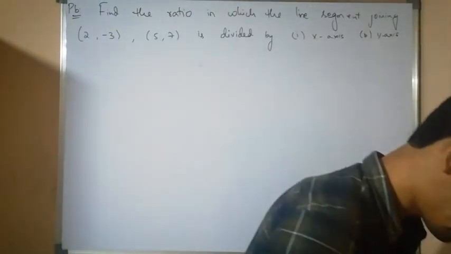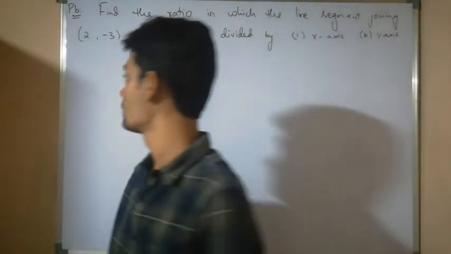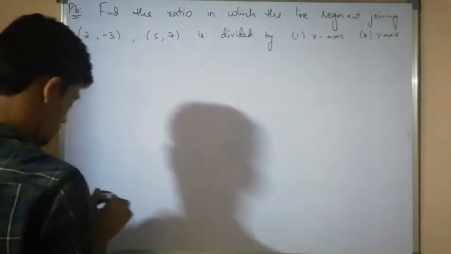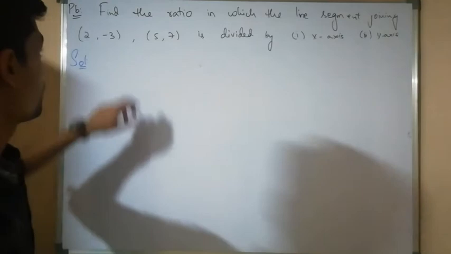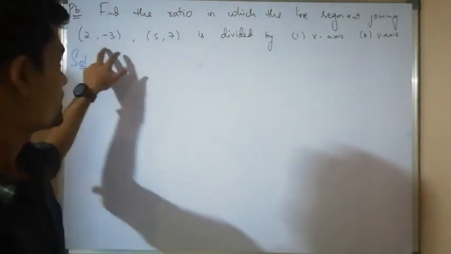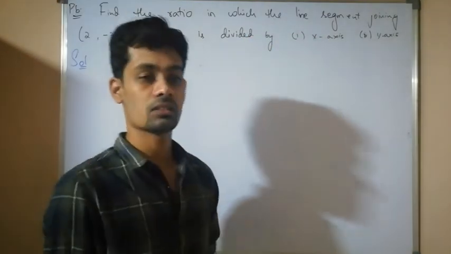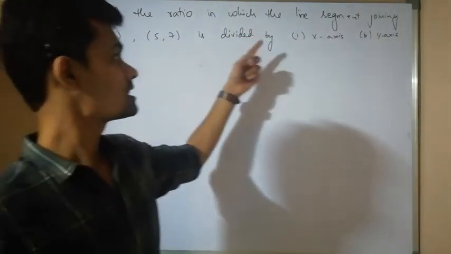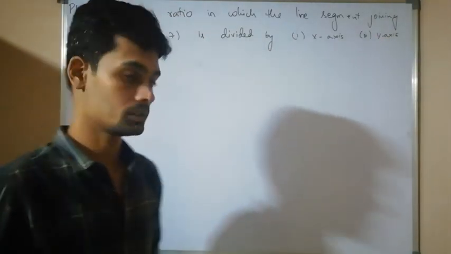Solution. What do we have to find? We have to find the ratio in which the line segment is divided by the x-axis, and the second question is the ratio in which this line segment is divided by the y-axis.